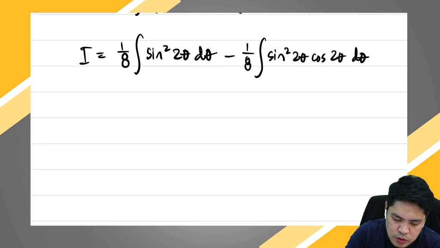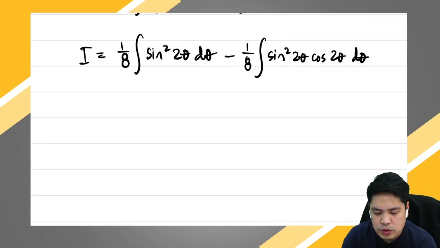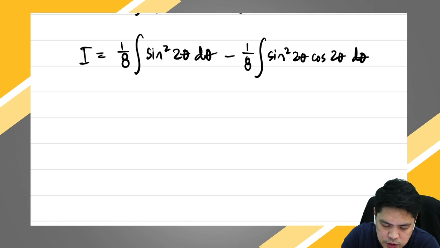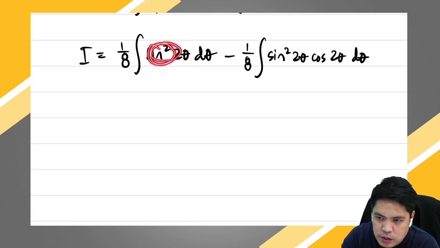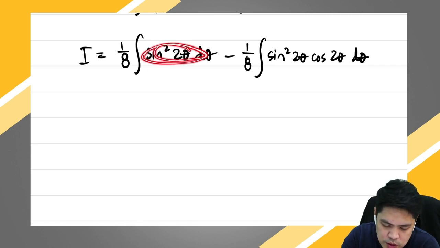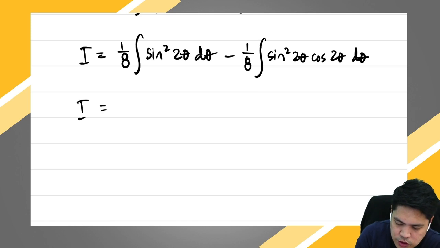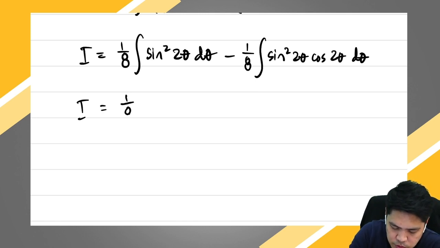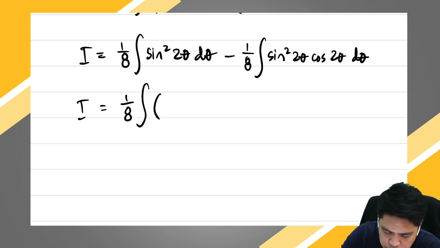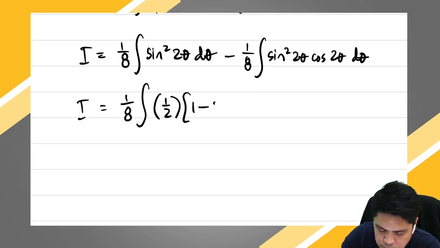Okay. So from here, for sine squared, we don't have a formula for that. So, meaning we need to reduce this again. Right? Power reduction again. So, by power reduction, this will become 1/8 times the integral of 1/2 times 1 minus cosine 4 theta.